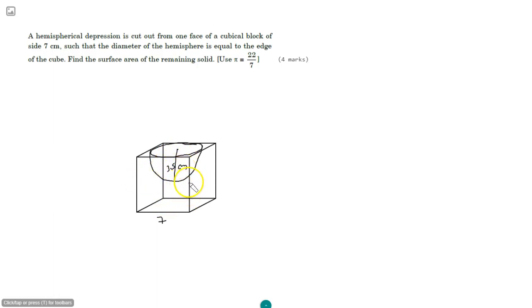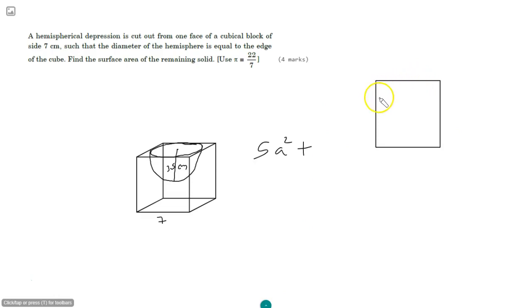So the 4 faces on the sides and the bottom face will remain as such even if you carve out the hemisphere. So you have the area of those 5 faces as 5 into a square, where a is the edge of the cube. And for the top face, let's just redraw the top face. If you look from the top, your solid will look like this.